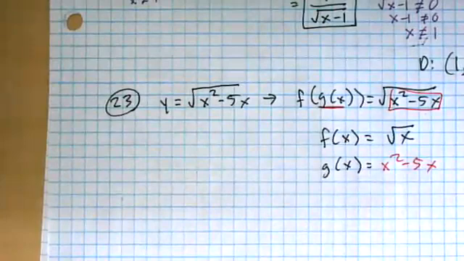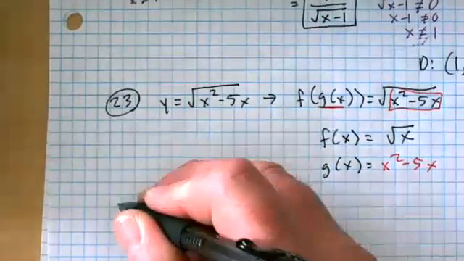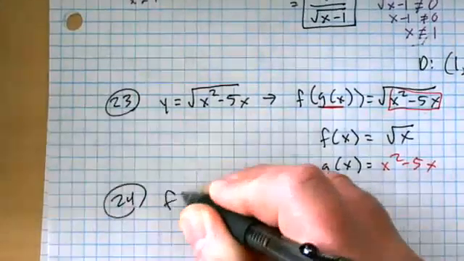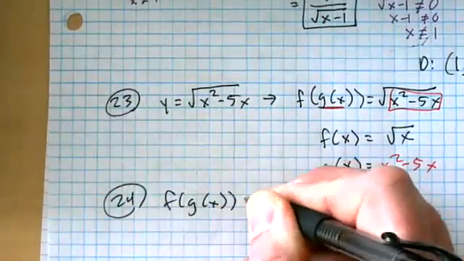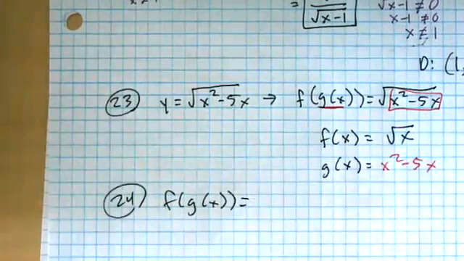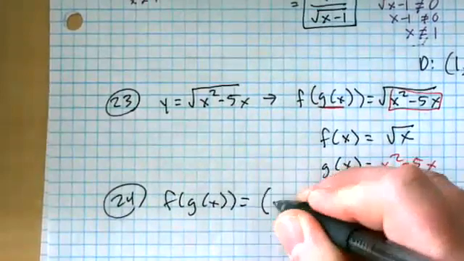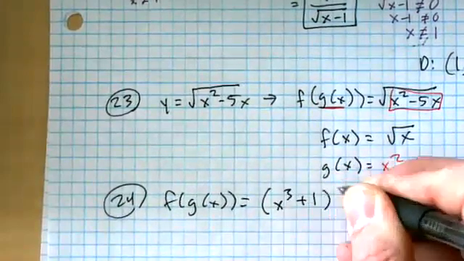Is that way easier than what you thought it was going to be? Right? Should we do 24 while we're here? So I'm just going to write it out as f of g of x. They wrote it in the book as y equals; I'm writing it as f of g of x. It's x cubed plus 1, squared.